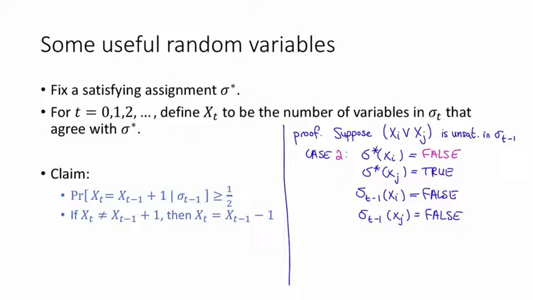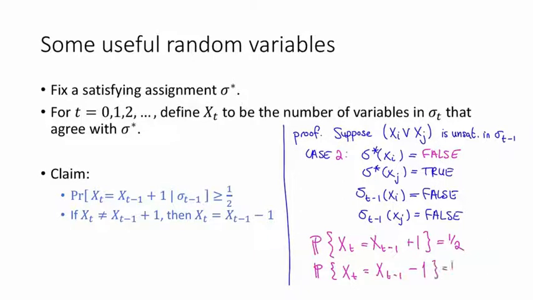So in case 2, the probability that x sub t is equal to x sub t minus 1 plus 1 is equal to 1/2, and the probability that x sub t equals x sub t minus 1 is also equal to 1/2. Once again, this is consistent with the claim.